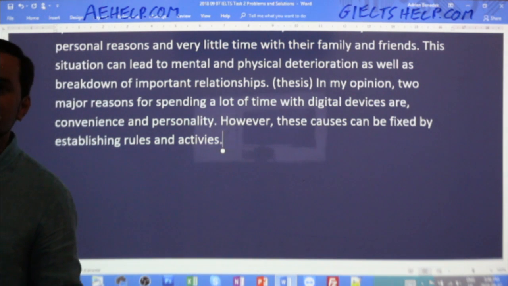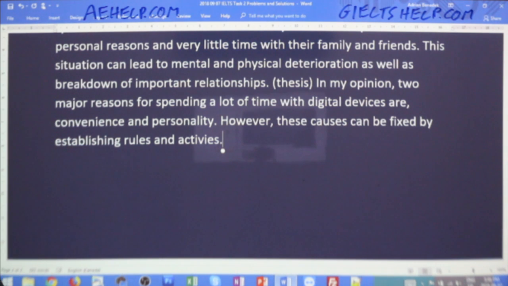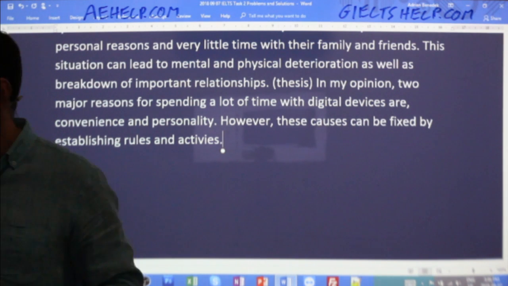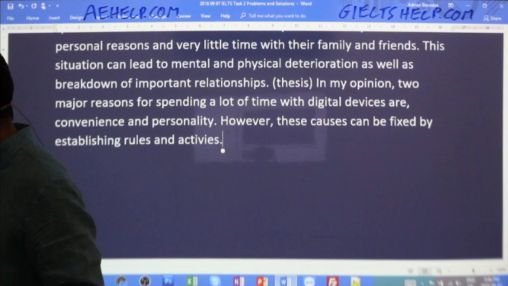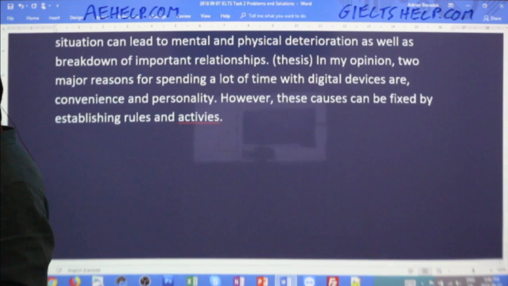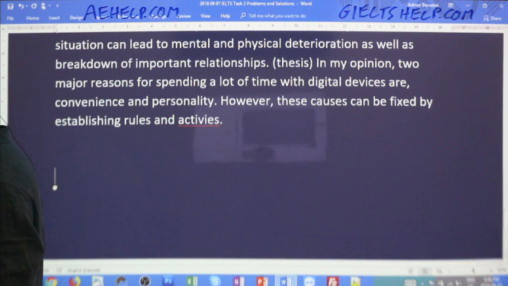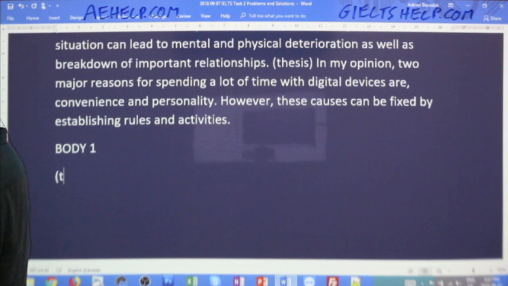All right, so then let's write body paragraph 1. Body paragraph 1 begins with the topic sentence. Clearly here, the topic sentence is our two causes.